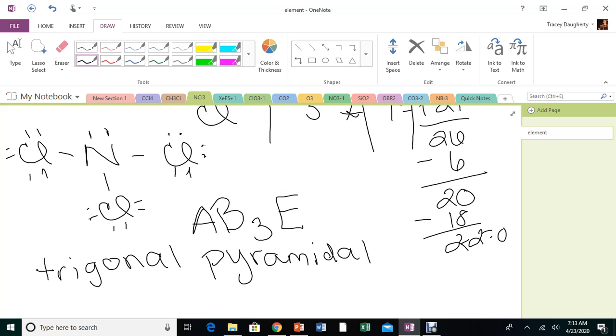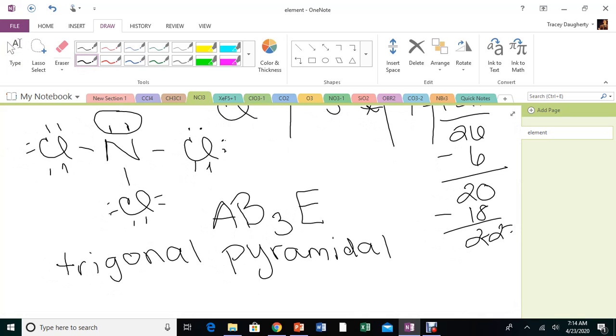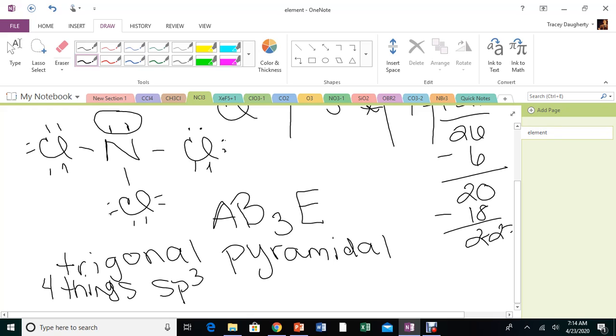So you have 1 outer atom, 2 outer atoms, 3 outer atoms, and the lone pair makes 4 things, which means that this is sp3.